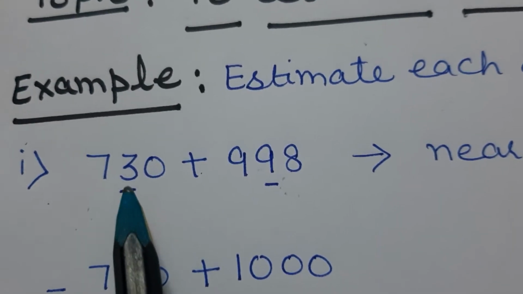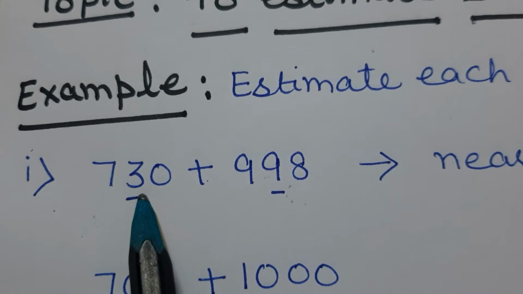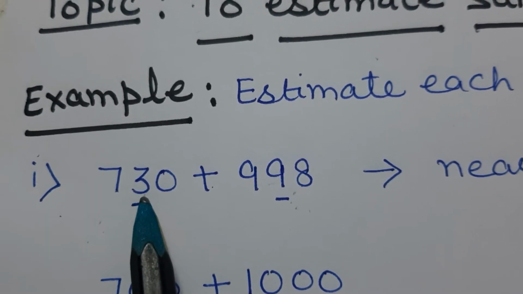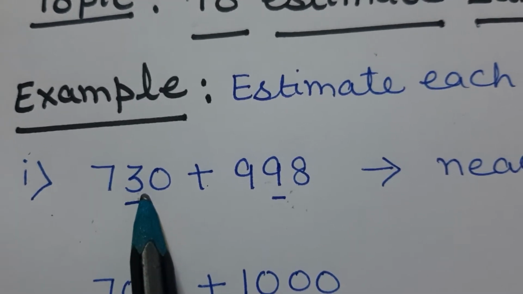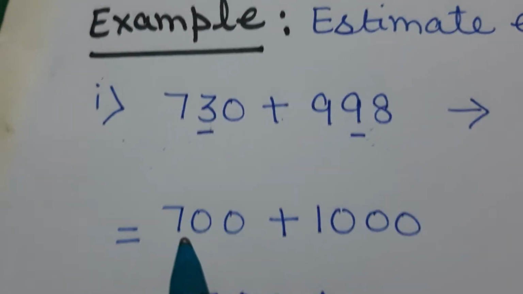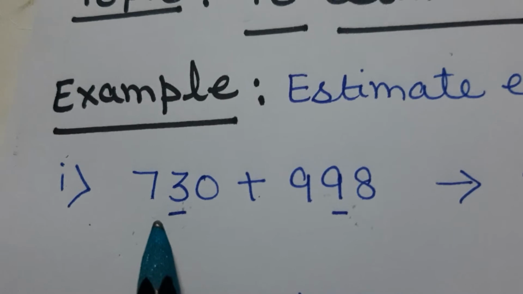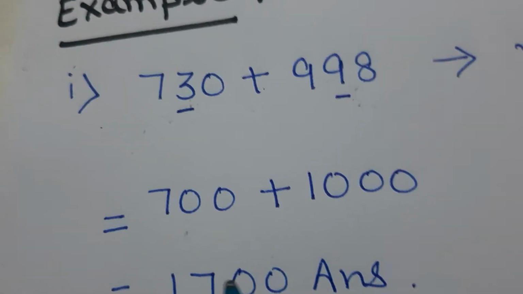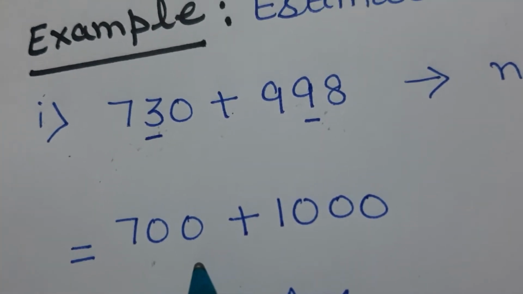And in the first number, if you see on the tens place, which digit is there? 3, which is less than 5. So this number will be rounded down. So 730 will be written as 700.